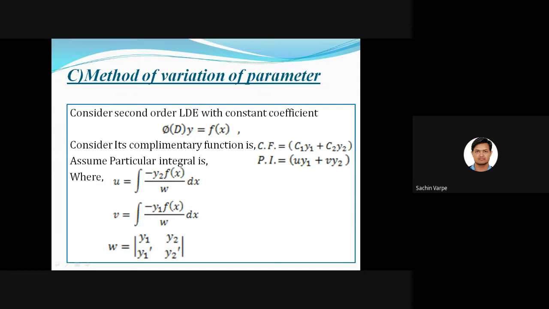Clear? So this is the method of variation of parameter. We first calculate the complementary function, and based on the complementary function, we assume the particular integral is this.